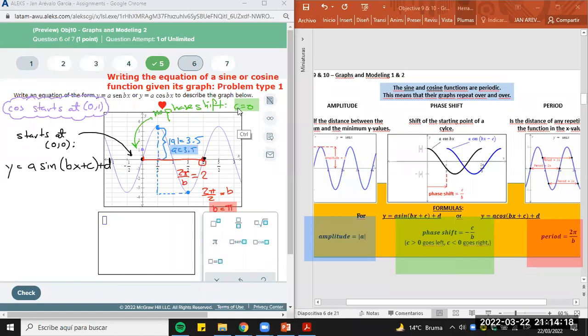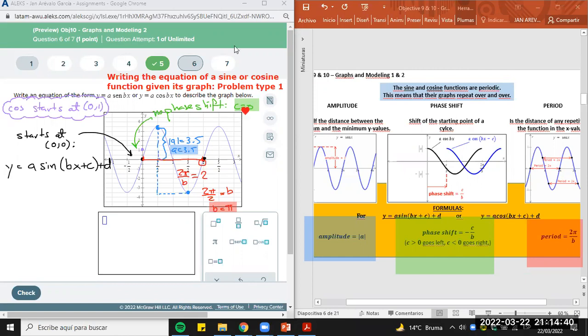C will always be 0 in this kind of exercises. Actually, the exercises that you are not going to handle are where you have a phase shift, but it is not this one.